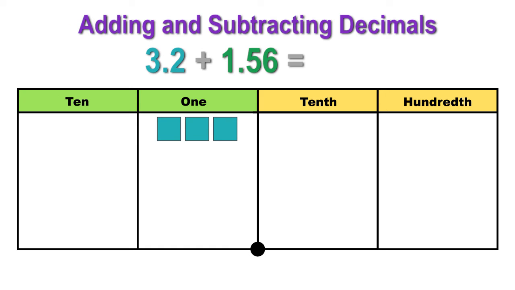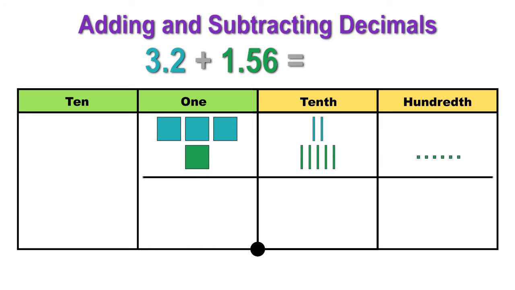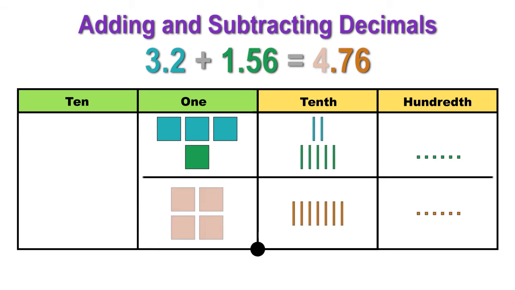Place 3 flats in the ones column and 2 tenths rods in the tenths column. Next, let's model the second add-in. Place 1 flat in the ones column, 5 tenths rods in the tenths column, and 6 hundredths cubes in the hundredths column. Now add. There are 6 hundredths, 7 tenths, and 4 wholes. The sum is 4 76 hundredths.